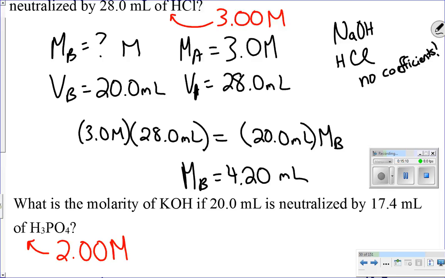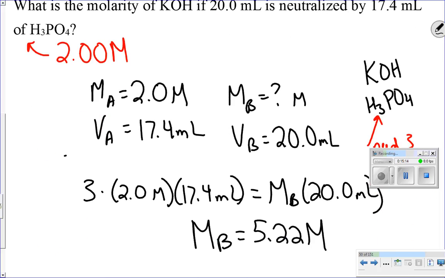And in our second problem, because we have a 3 in our acid, it's creating 3 acidic protons for each mole of acid that we use. So we are putting a 3 into our calculation on the acid side. Plug in each of our numbers, and we should get a molarity for the base of 5.22 molar.